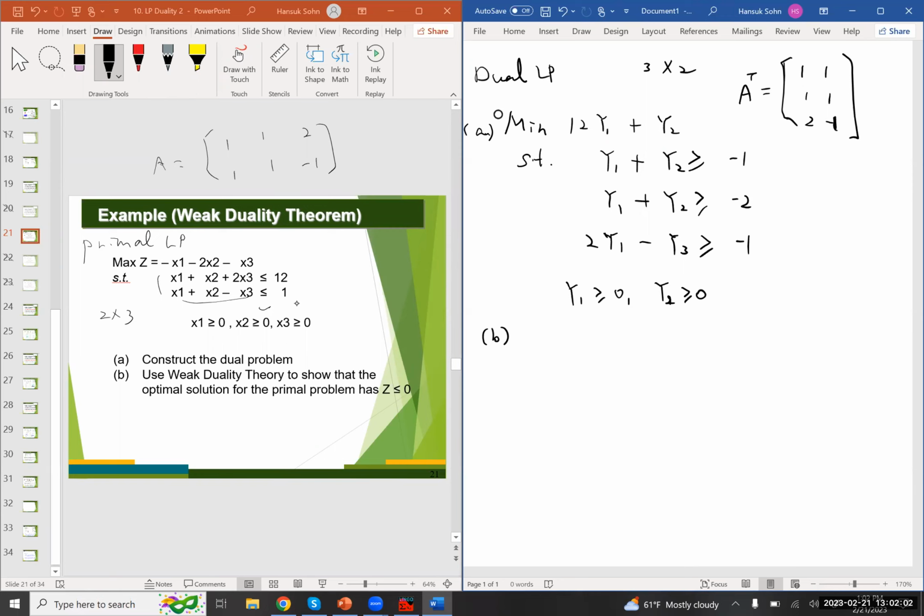If you look at our dual LP, let's say our dual objective function value is equal to W, and our primal objective function value is equal to Z. So we have W in here.